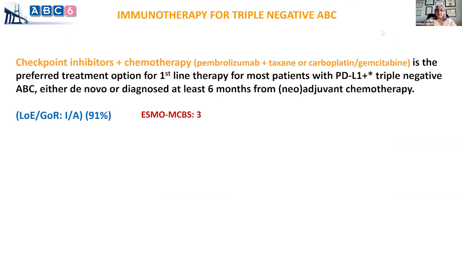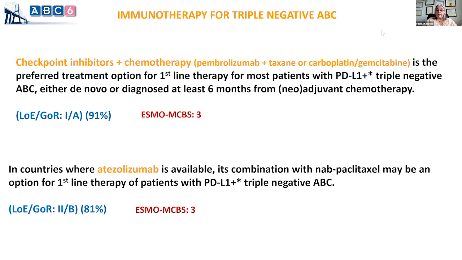Now, what are the recommendations? I didn't show you all the data, but pembrolizumab has also been shown to improve PFS substantially, and also probably, we still don't have the final results, the overall survival.